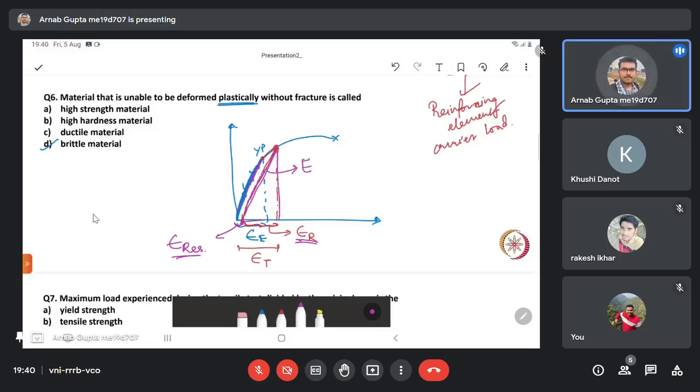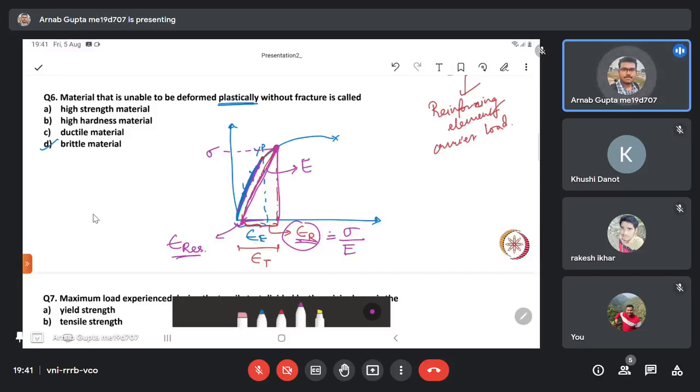So if you know the value of stress up to which you are loading, then for a particular material, you can easily calculate the value of epsilon R. That is the recovered strain, or you can also say elastic recovery. So it is nothing but sigma by E.